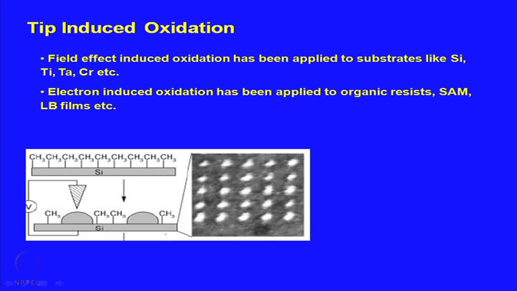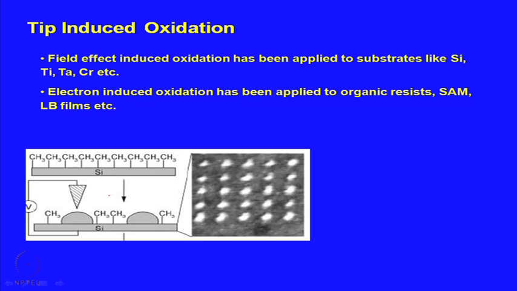One can also use these concepts for something like tip induced field effect, tip induced oxidation on surfaces like silicon, titanium, tantalum, chromium, etc. Electron induced oxidation has also been applied to organic resists. So it is a combination of electrical force measurement and writing.